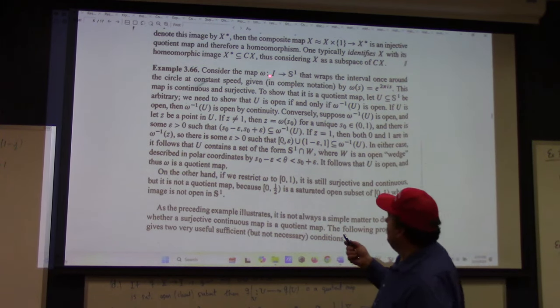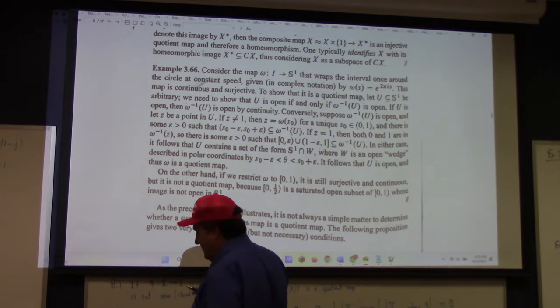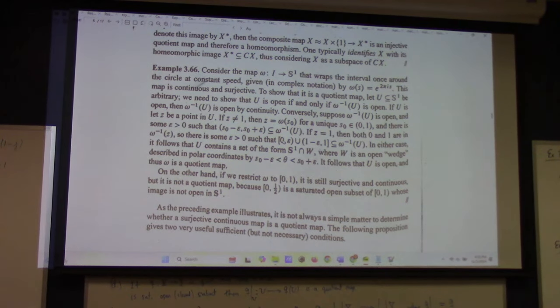He considers a map from the unit interval to S1, again the unit circle, given by the exponential of 2 pi i times t. So it wraps around the circle at constant speed.